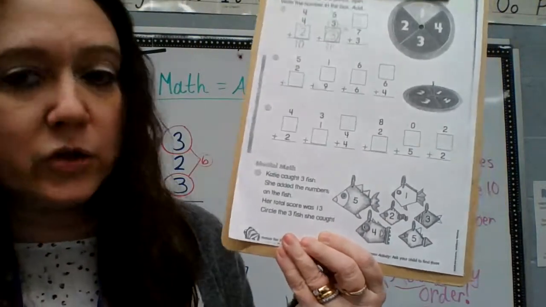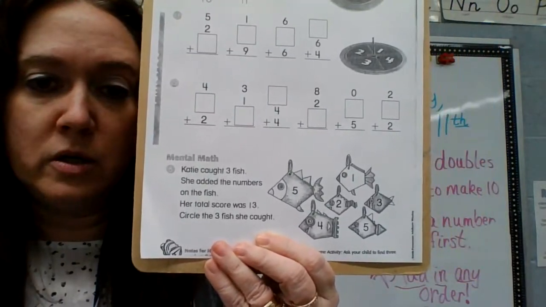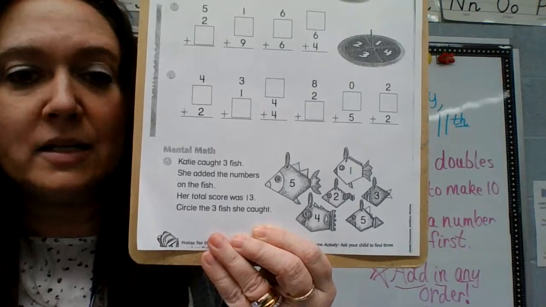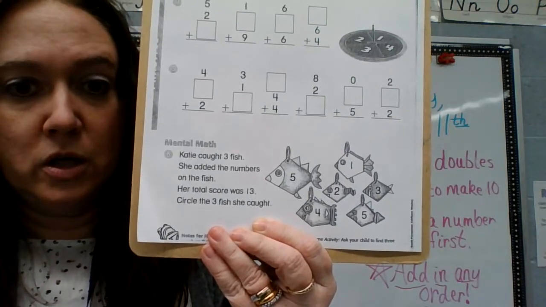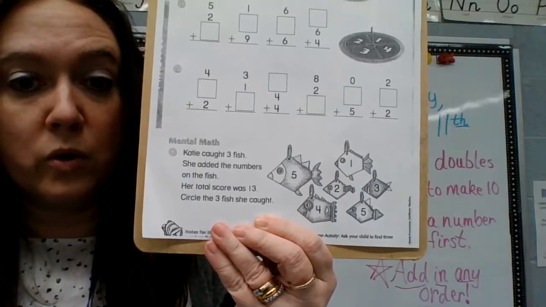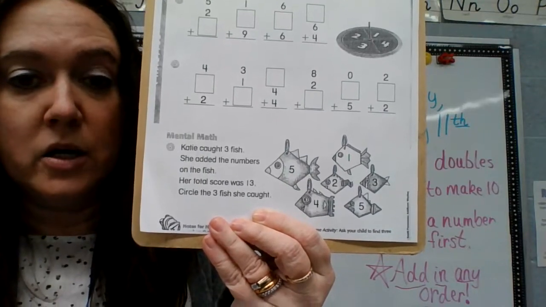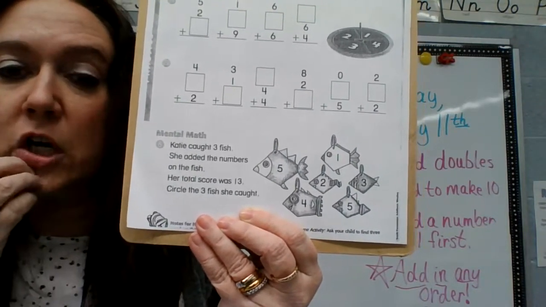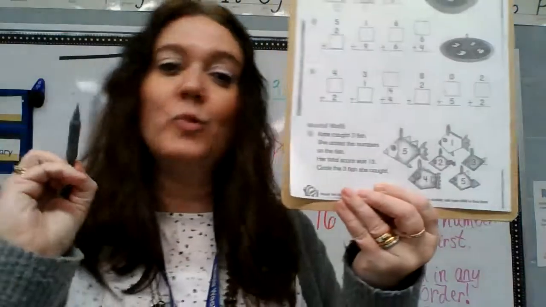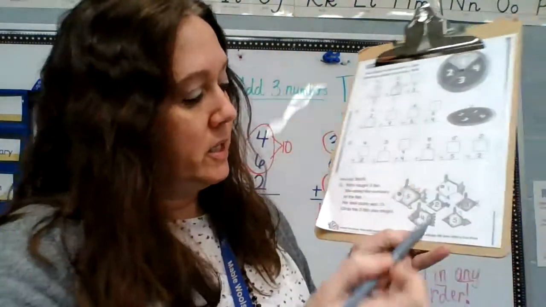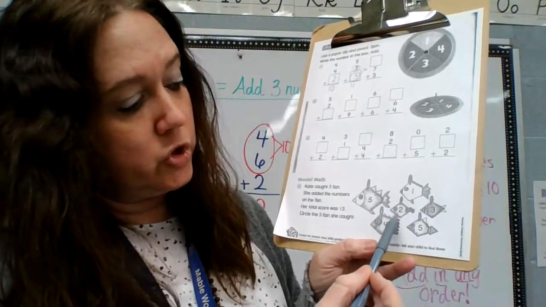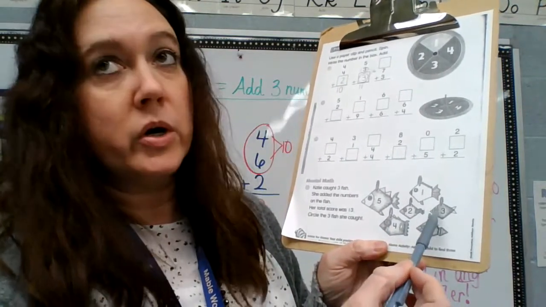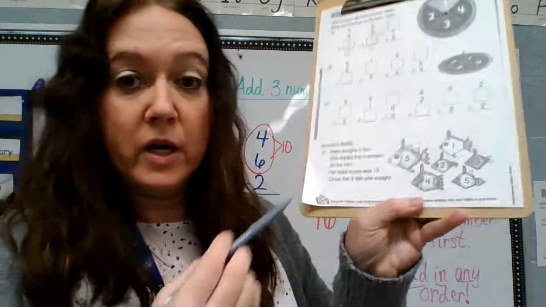Katie caught 3 fish. She added the numbers on the fish. Her total score was 13. Circle the fish she caught. Okay, what this means, so we have these numbers 5, 1, 2, 4, 3, 5.